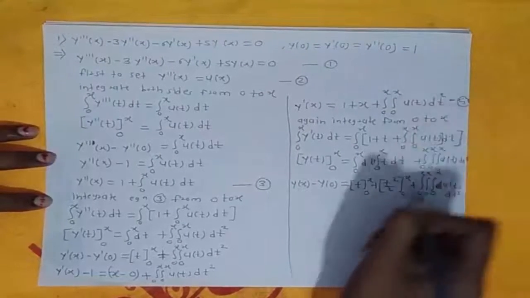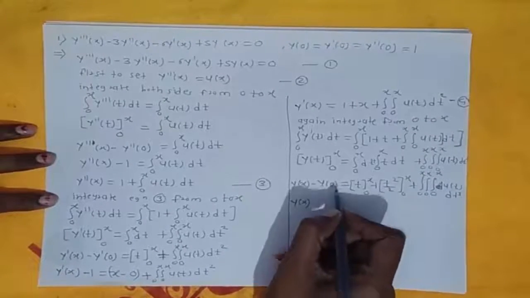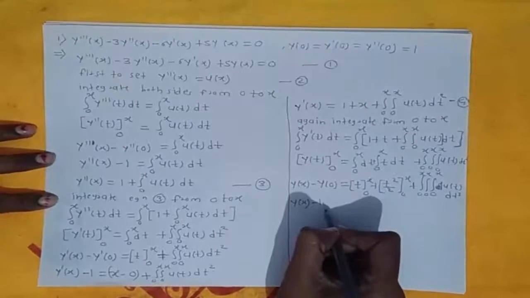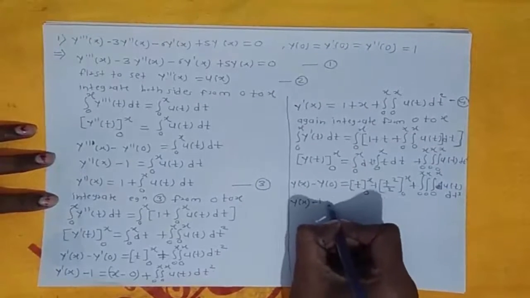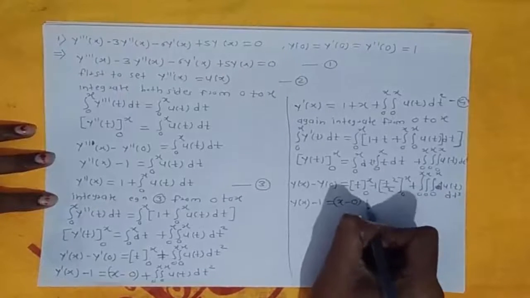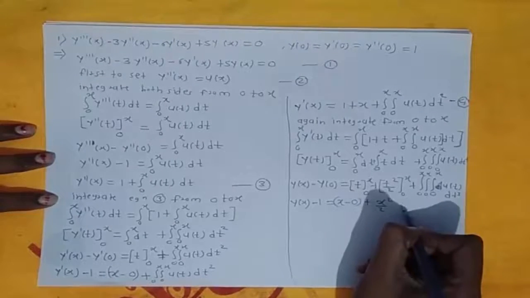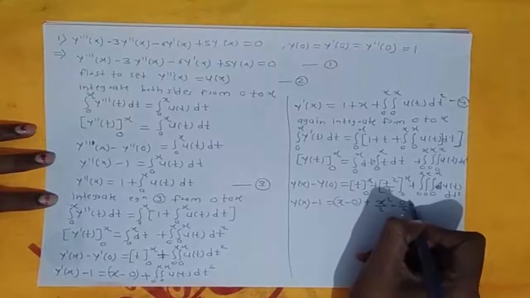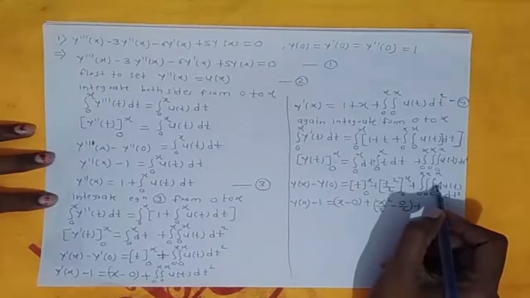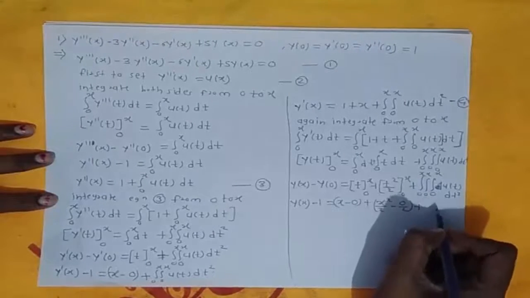Here also dt square. Then y of x minus, again by putting initial condition y of 0 is equal to 1 here, minus 1 is equal to, by putting limits, x minus 0 in bracket plus here x square by 2 minus 0 square by 2, that is 0 by 2 plus, here we use the conversion formula for converting triple integral to a single integral.